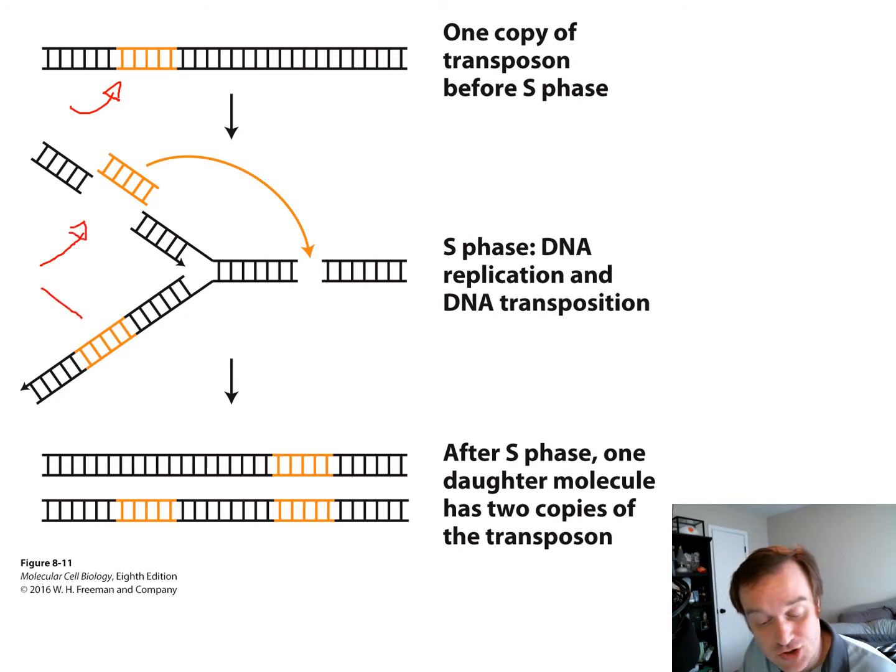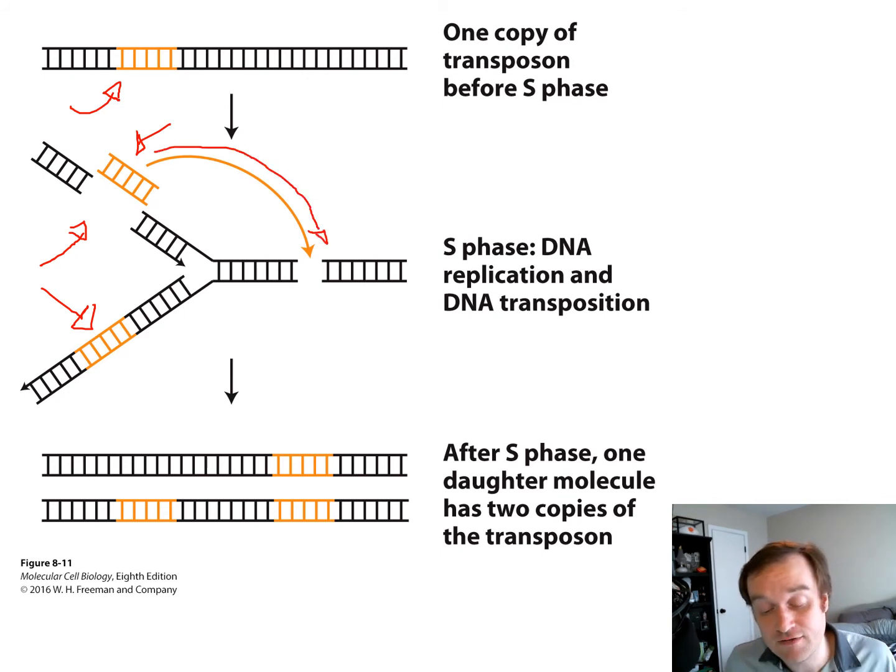As you can see here, there are 2 copies now at the DNA replication fork, and then it can cut itself out and move and insert itself into a piece of the chromosome that has yet to be replicated. In that case, we now have 3 copies, right? Because this one's gone, and this one is intact, and then this one where it gets inserted will be replicated.